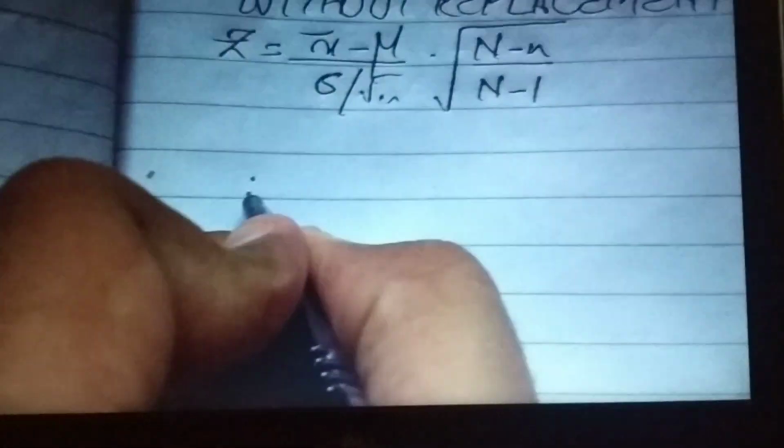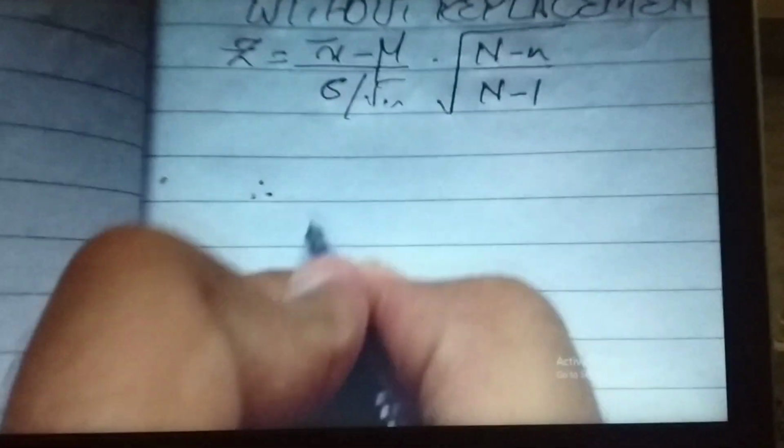Now if we do the same experiment without replacement, the formula will be x bar minus mu divided by sigma upon root n multiplied by under root capital N minus small n upon capital N minus 1.